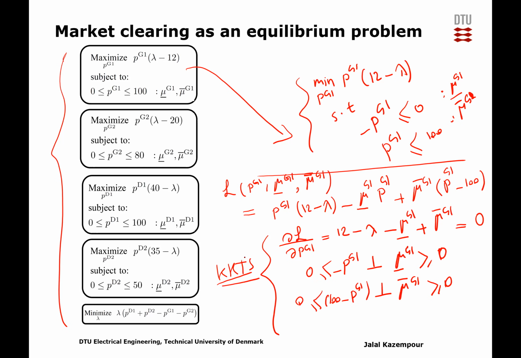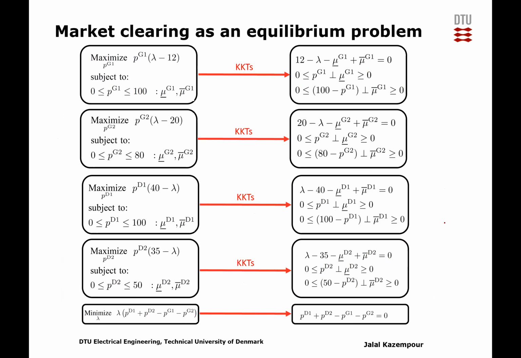Very good. Nice. So in the same way, we have to derive the KKTs of the other 4 optimization problems, which will be this. So this is what we exactly obtained. Also, you can derive the KKTs for the other 4 optimization problems. As you see, this is our power balance equality.